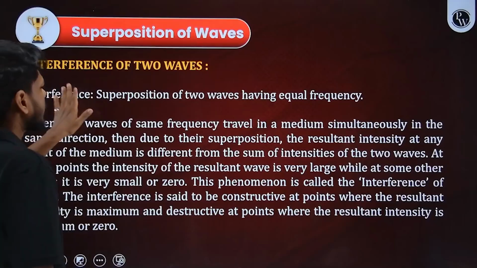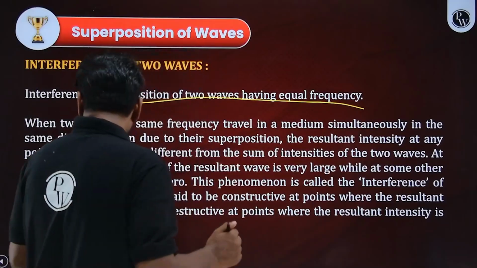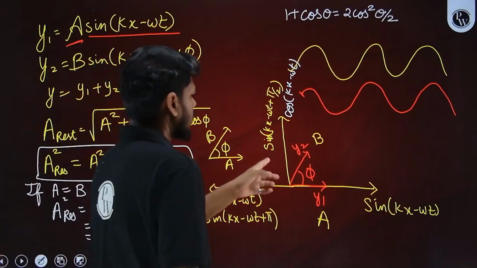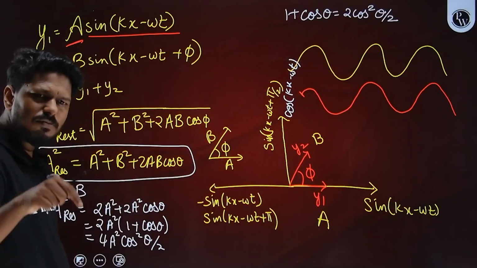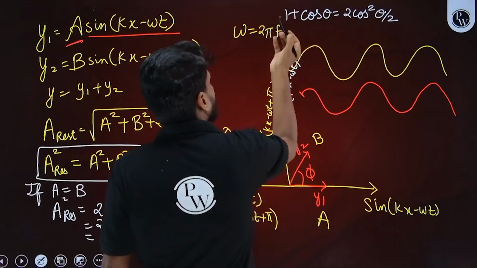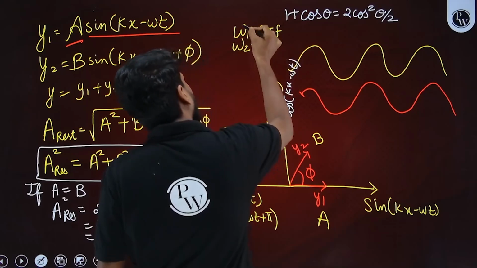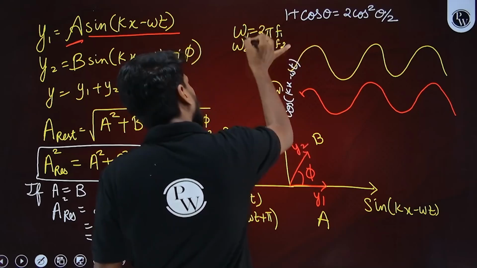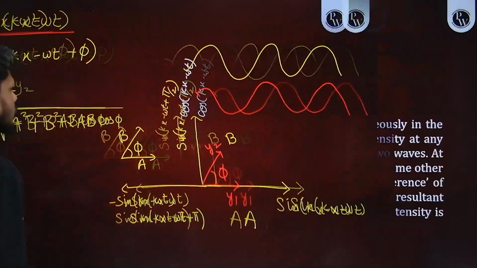So what is interference? Interference is nothing but superposition of two waves having equal frequency. If the frequency of the first wave is omega and the second wave is omega, that frequency means F only. If omega is the same, then F will be the same. Let me say this is omega 1, this is omega 2. If omega 1 is equal to omega 2, then F1 is equal to F2, right?